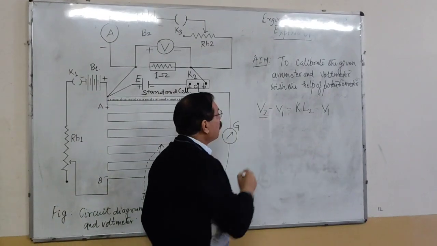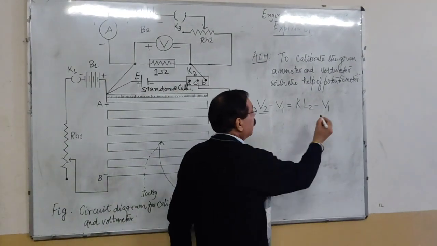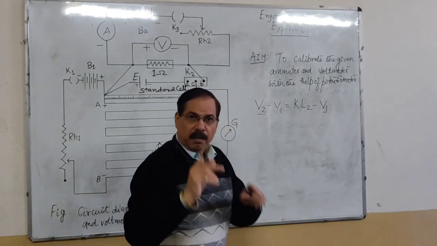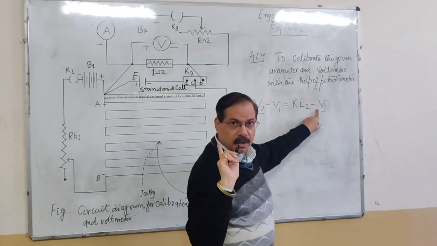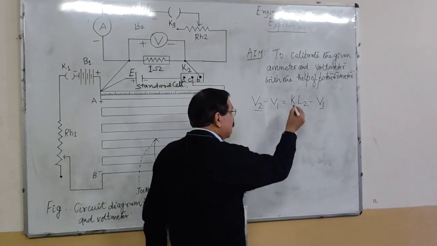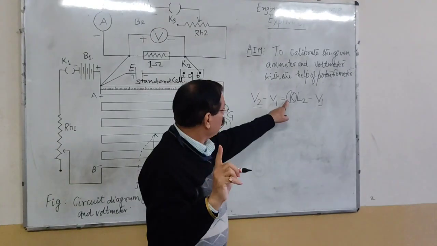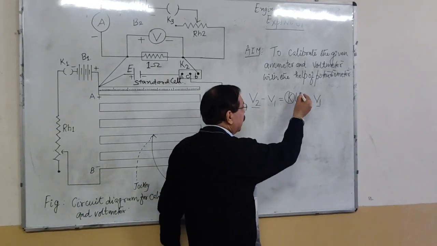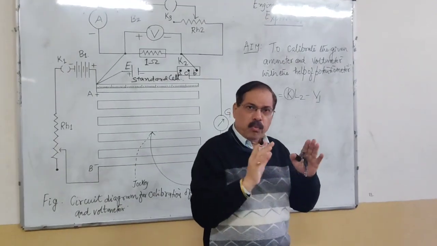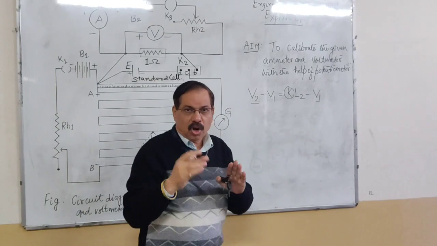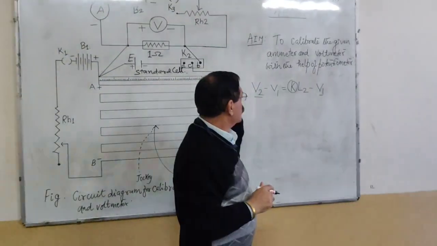Here V2 is the potential difference measured by the potentiometer, and V1 is the potential difference measured by the voltmeter. Here K is called the galvanometer potential gradient, and here L2 is the length distance of the null point corresponding to the potential difference measured by the potentiometer.